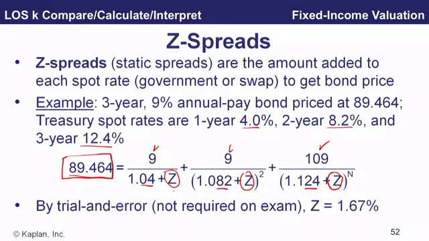So we've got to add something. We've got to add Z to each of these. Now, calculating Z is not something that you need to be able to do for the exam, and it's done by trial and error anyway. There's not a closed solution formula to this. You just try different Z's, by iteration, until you get the price equal to 89.464% of par, which is what the market says it's worth.